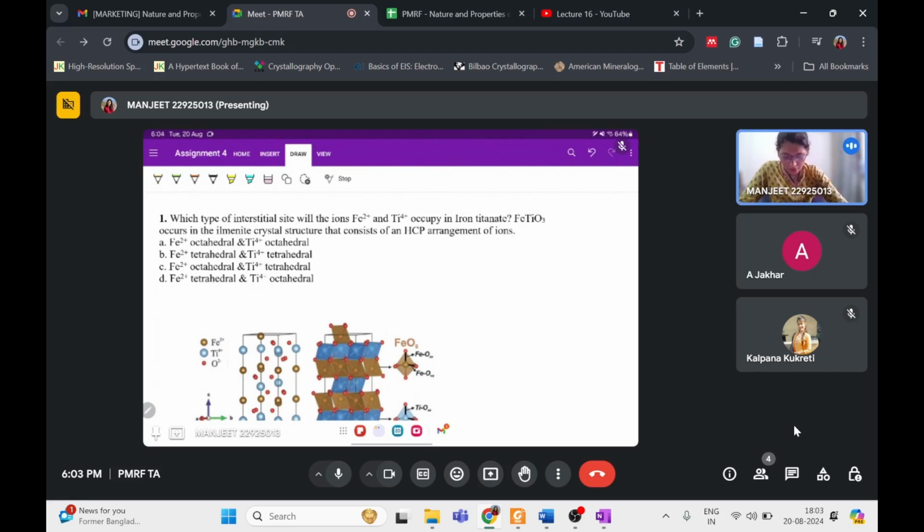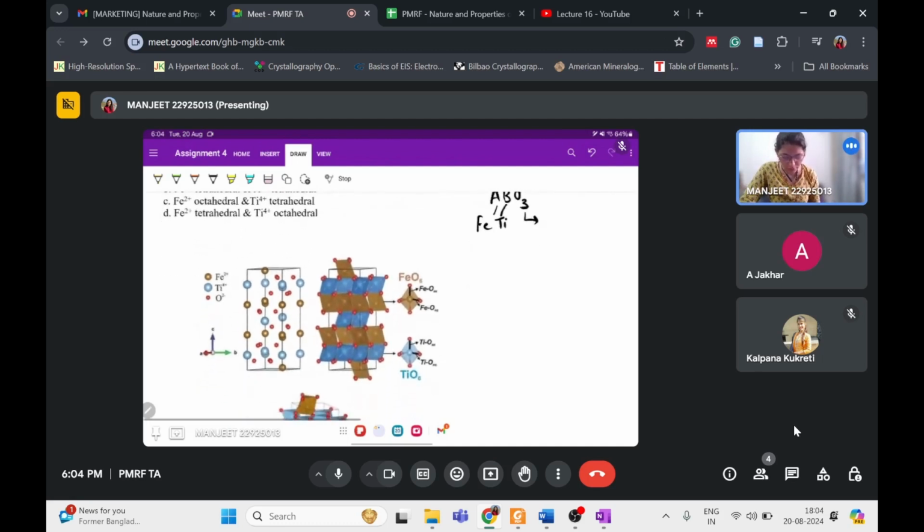the ions. So we have to tell where Fe2+ and titanium 4+ occupy in the iron titanate. Iron titanate has the structure of ABO3. O is oxygen here, A and B are Fe and titanium.